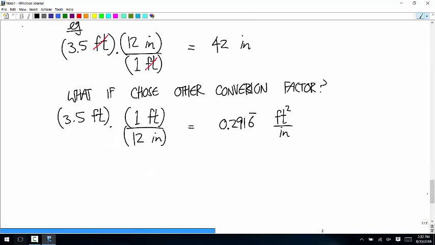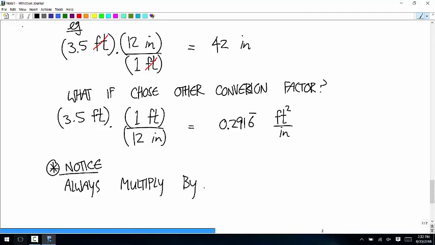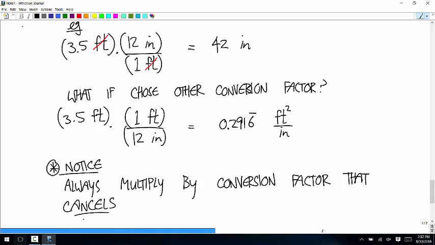And so the rule we're going to use is, you want to always multiply by the conversion factor that cancels the unwanted units.